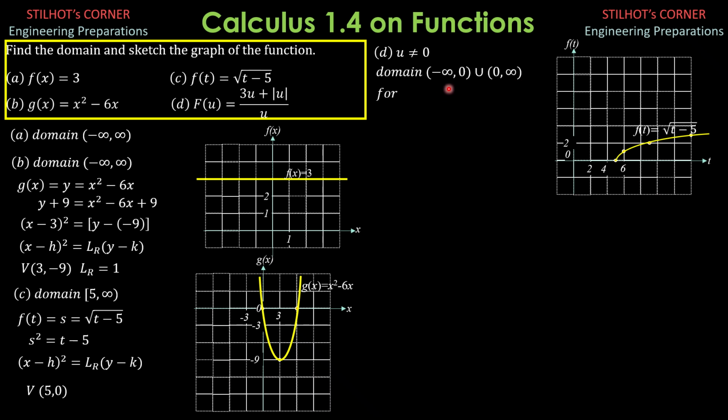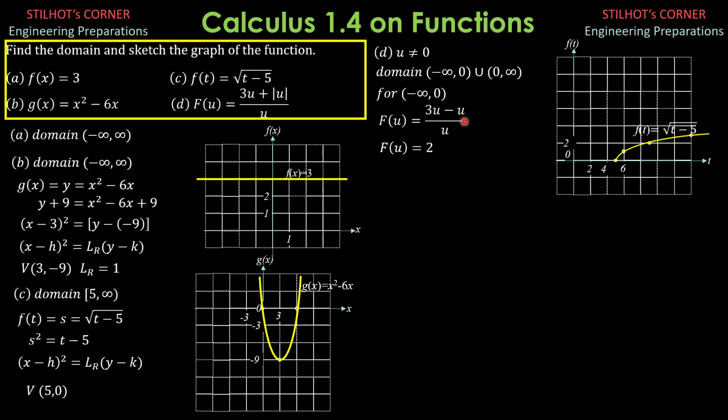Now, for negative infinity to 0, or for u negative in this interval, the absolute value of a negative value is simply the negative of u, so the negative of a negative is positive. Therefore, we can replace absolute value of u by negative u, and this function becomes f of u equals 3u minus u over u, which reduces to 2u over u, or simply 2, as long as u is not 0, as in this domain.